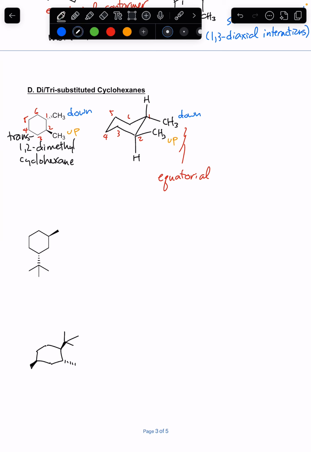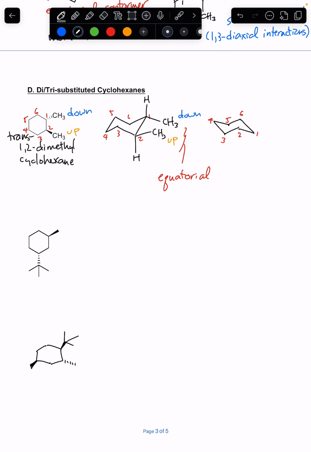Now, what happens once this flips? It would look like that. Here's carbon number 1, which was the footrest. And here's carbon number 4, which was the footrest, becomes the headrest. 1, 2, 3, 4, 5, 6.